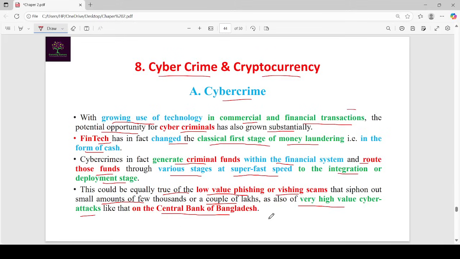These technologies attract money launderers, criminals or terrorists, and they become cyber criminals.